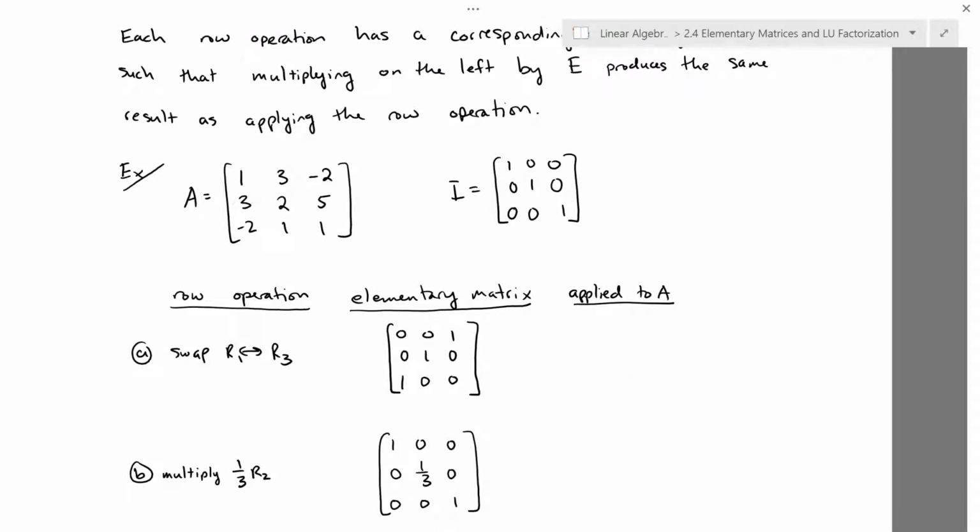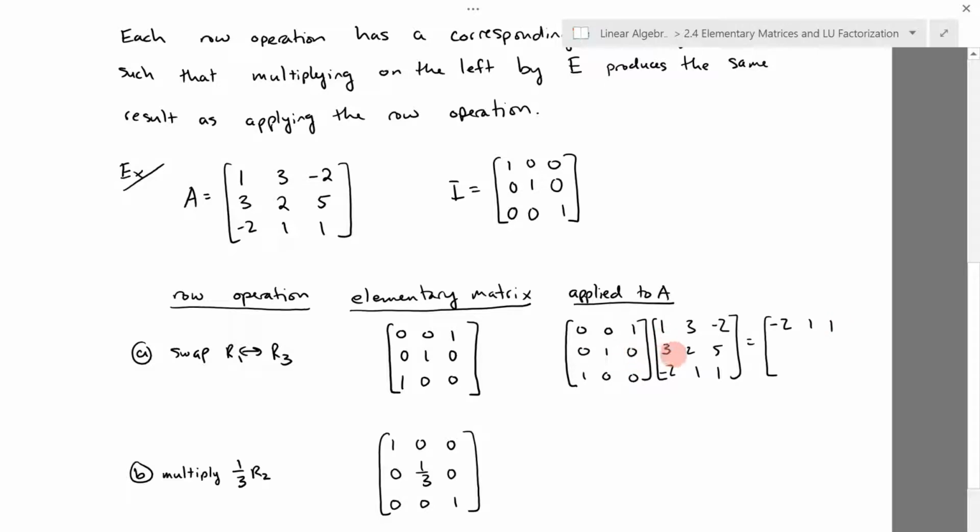For example, say I take this elementary matrix that swaps the first and the third row, and I multiply it to A. If I do the matrix calculation, the first row times this matrix will pick out the third row, so -2, 1, 1.